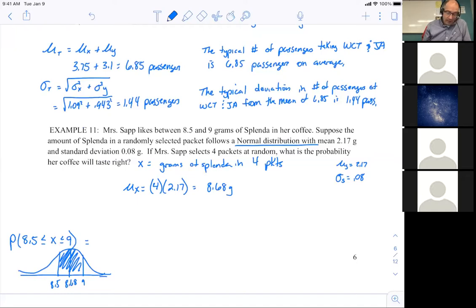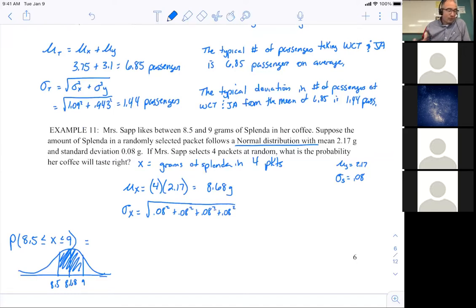In order to do that calculation, I also have to know what the standard deviation of X is. So this is the part that's a little weird. We have to remember that we can't just take that times 4. Well, we're going to take it times 4, but we're going to have to square that first. So that's 0.08 squared plus 0.08 squared plus 0.08 squared and so on, so this is each of the 4 packets that we dump in there.